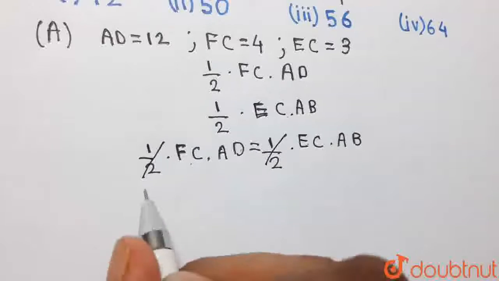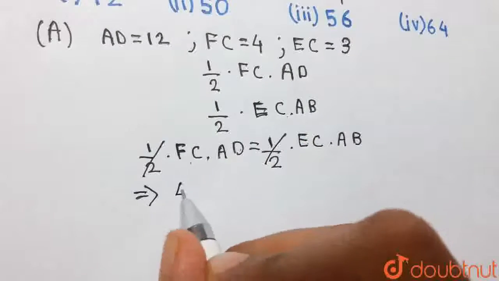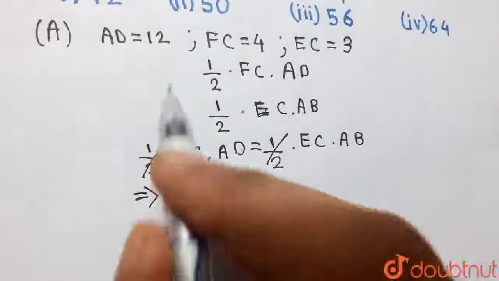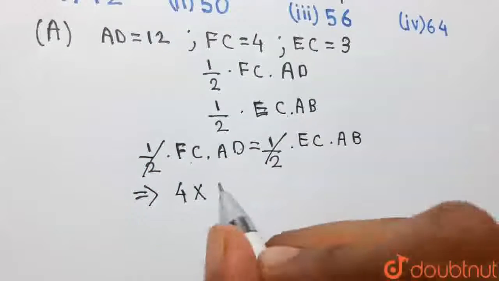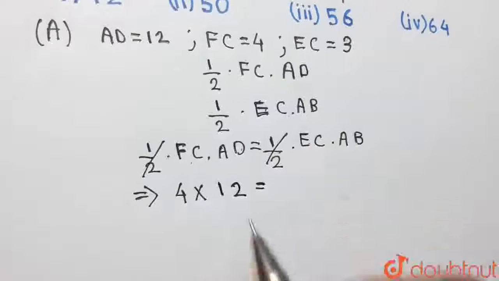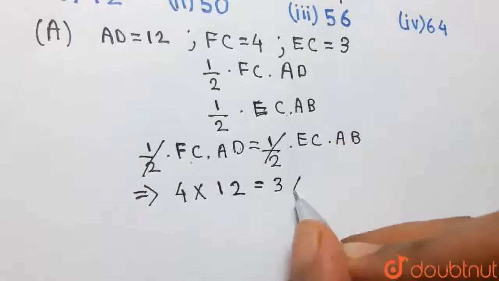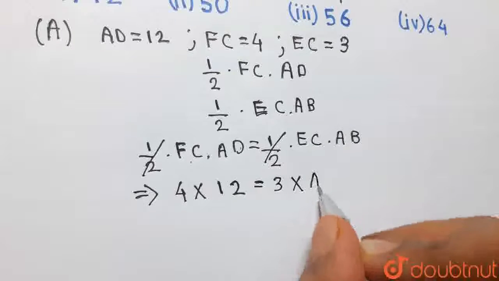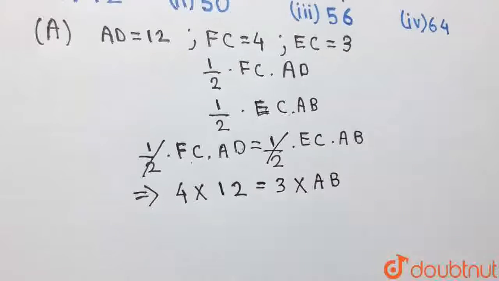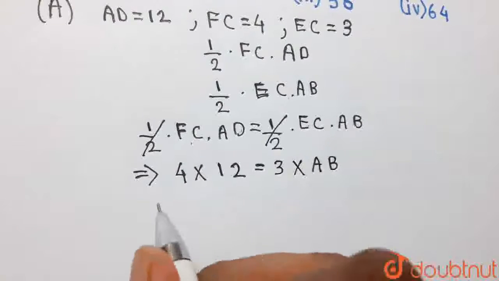In place of FC we write 4, and AD has been given to be 12, hence 4 into 12 equals EC, which is 3, into AB. The value of AB has not been given, hence from this equation we can calculate it.